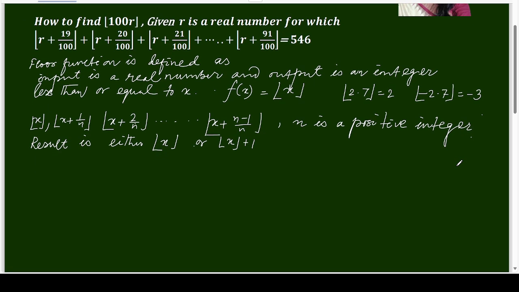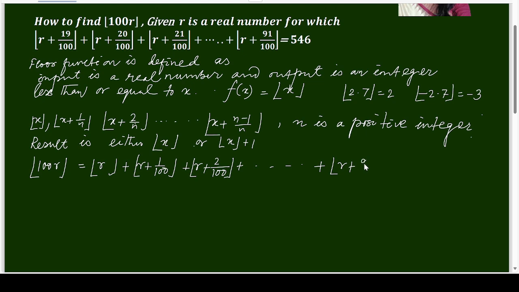Now coming back to the question, we have to find floor of 100 r. That means we have to get floor of r plus 1 over 100, plus floor of r plus 2 over 100, up to the last, floor of r plus 99 by 100.